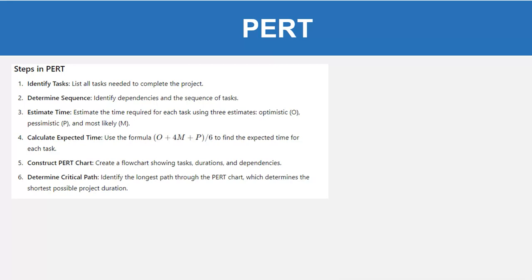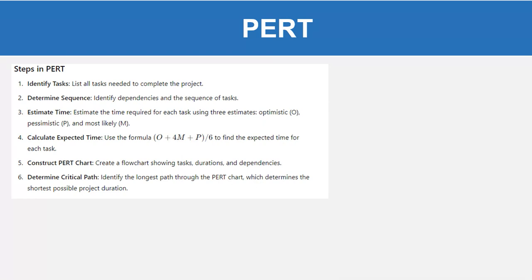Use the formula: optimistic plus 4 multiplied by most likely plus pessimistic, divided by 6, to find the expected time for each task. Construct the PERT chart. Create a flow chart showing task durations and dependencies, and determine the critical path, which means identify the longest path through the PERT chart, which determines the shortest possible project duration.